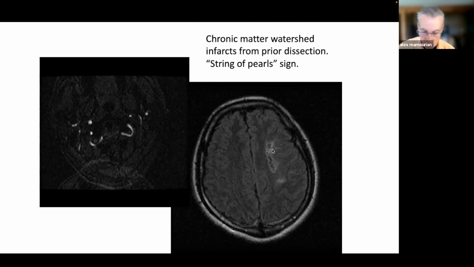When you see this, don't ascribe this to age-related white matter change. This unilateral involvement, particularly if there's encephalomalacic change, should lead you to suggest in these patients there's an abnormality of the carotid. And so here on the MRA, you can see this is the normal carotid. You can see how narrow the carotid is on this left side in this patient who had a carotid dissection, chronic dissection with narrowing and insufficient flow.